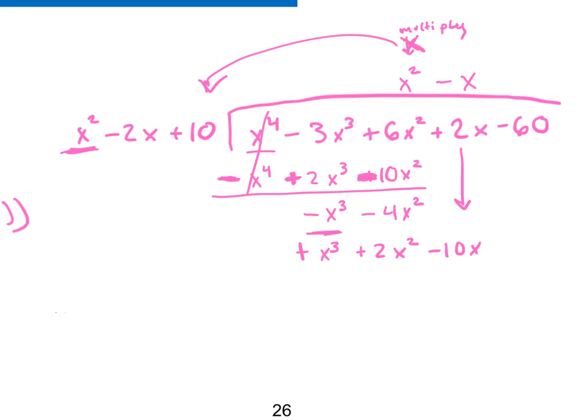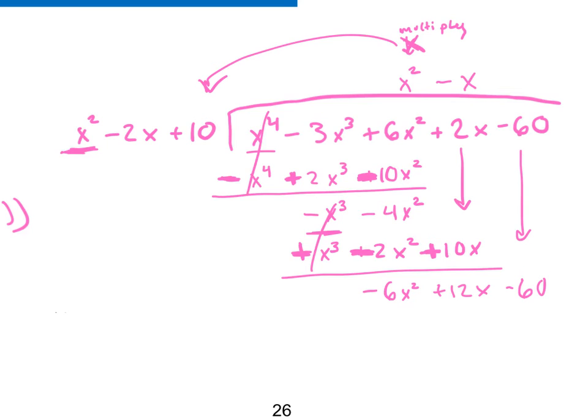We need to change all of our signs. So plus, minus, plus, and combine our terms. So negative x cubed plus x cubed cancel out. Negative 4x squared minus 2x squared becomes negative 6x squared. 2x plus 10x is plus 12x. We can drop down this 60 here.